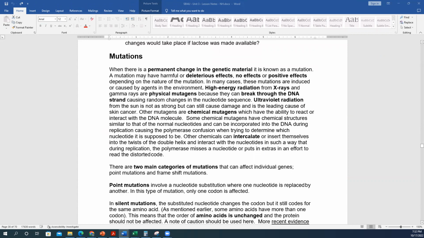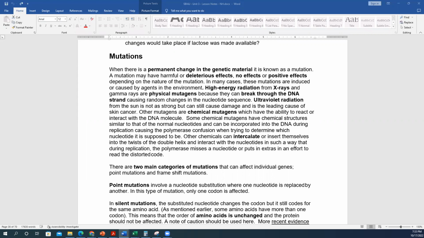So we've talked about and we touched on the idea that you could have a change in a certain amino acid that can cause enough of a change in the protein sequence. So that change in the amino acid ultimately comes as a result of a change in the genetic material. And those are known as mutations.